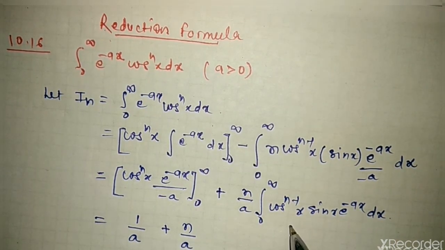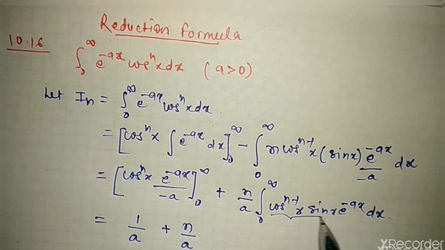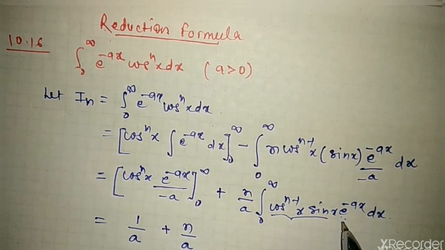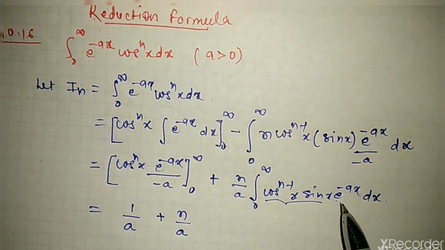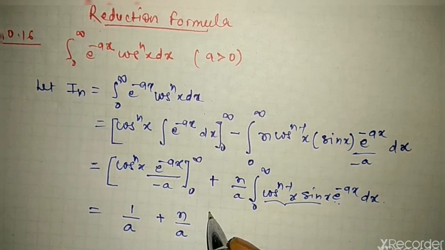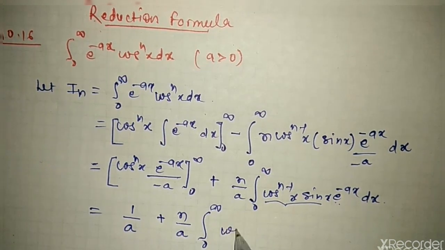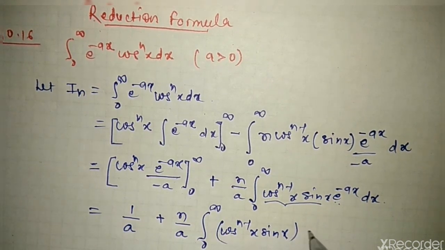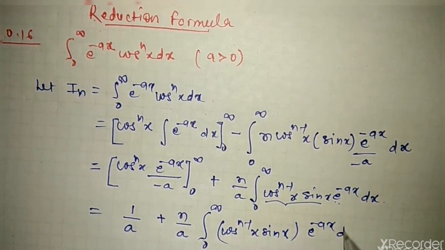Now again we have a product of two functions, a trigonometric function and an exponential function, so again we use by parts. Applying by parts, we get n by a taken outside, then the integral from 0 to infinity of cos^(n-1)x sin x as the first function, and then e to the power minus ax dx.